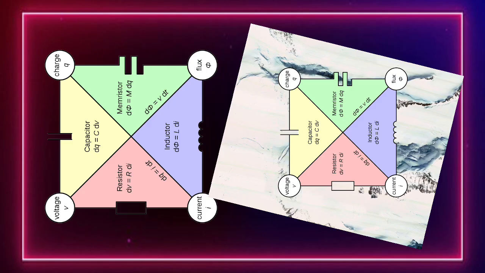Chua proposed the chaos circuit when he realized that the 4 parts of electromagnetism created 4 functional parts of an electrical circuit. Current and flux form inductance. Current and voltage form resistance. Voltage and charge form capacitance, and charge and flux form memristance, also known as memory resistance.